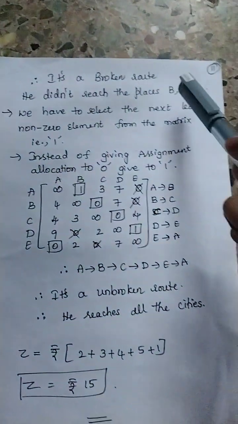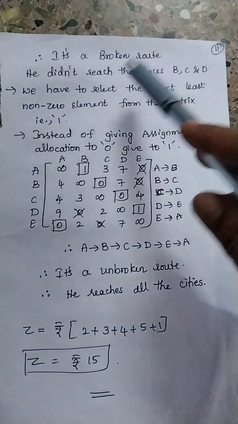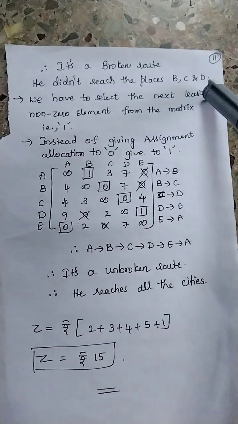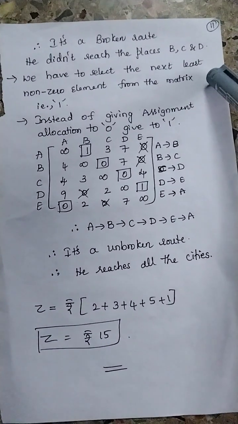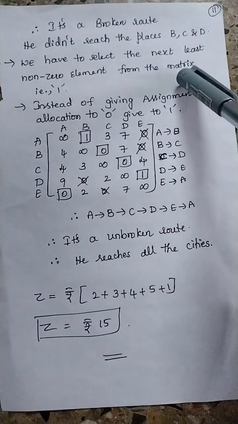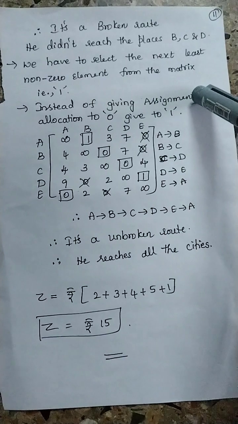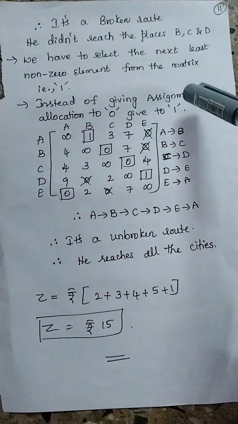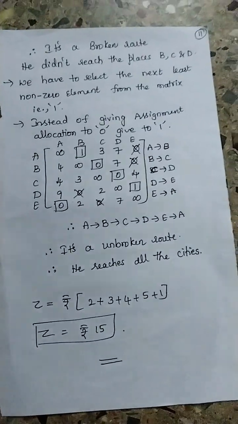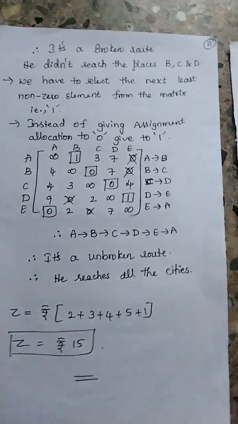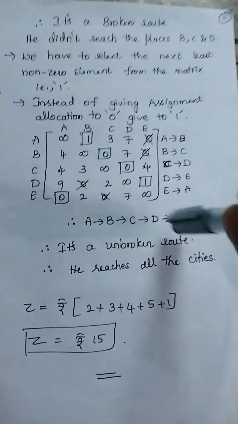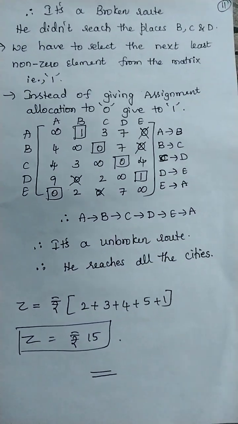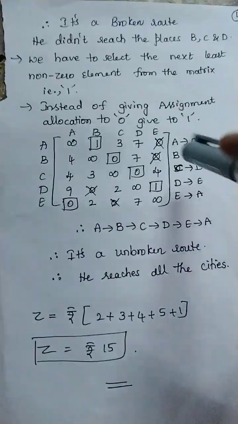I have been telling you that it's a broken route. He didn't reach the places B, C and D, and we have to select the next least non-zero element from the matrix, that is 1. Instead of giving the assignment to 0, give it to 1. I have written the copy of this matrix without assignment. Now I have told you to give the assignment to 1, not to 0.